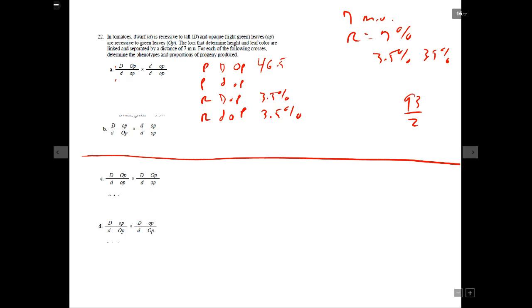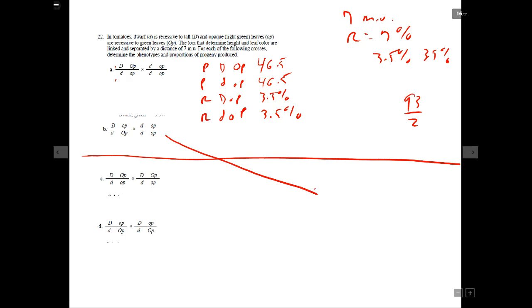Alright, hold on, I gotta do the math. So 100 minus 7, that part I knew. 93% divided by 2. Yeah, 46.5. It just didn't seem right for some reason. So 46.5 adds up to 100%.